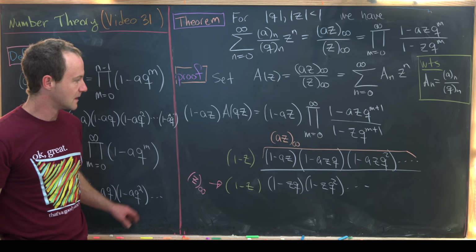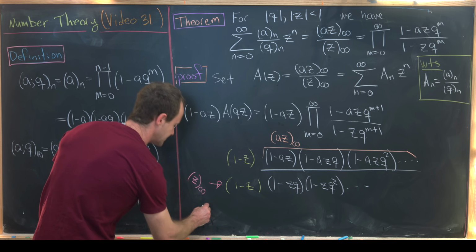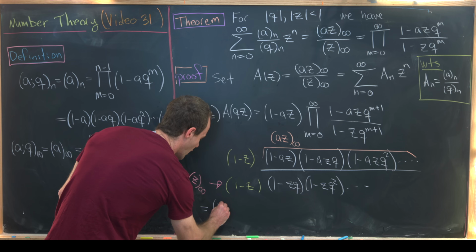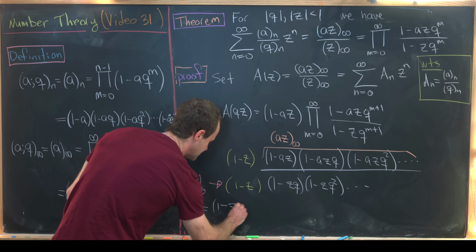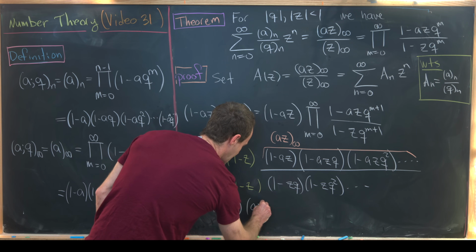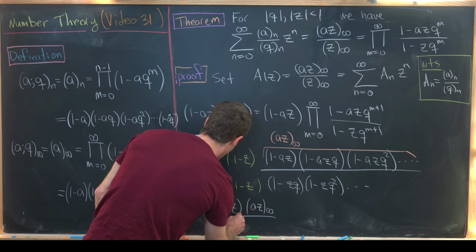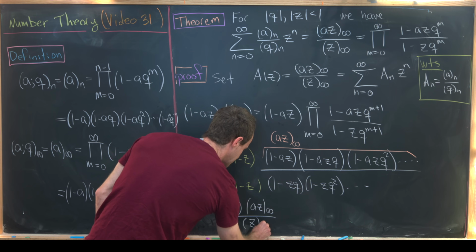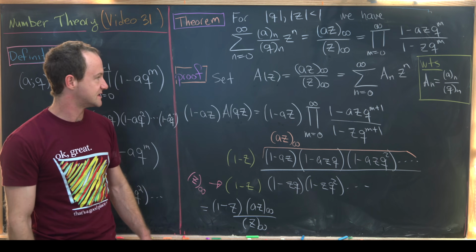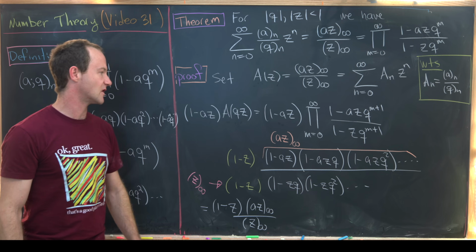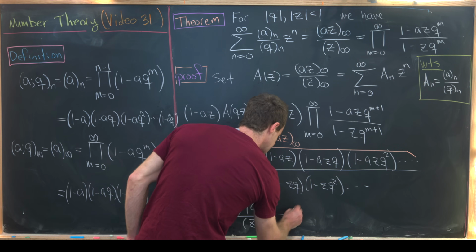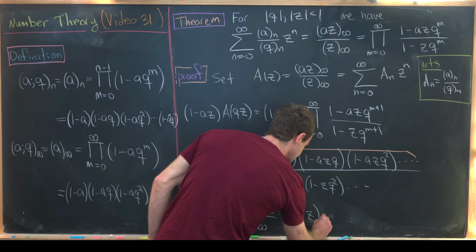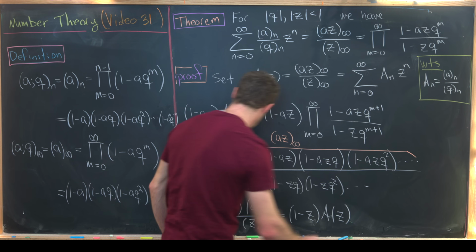Okay, cool. So let's see where that leaves us. That means we have 1 minus z times A(z) infinity over z infinity. But notice this A(z) infinity over z infinity is exactly our function A of z. So this is equal to 1 minus z times A of z.